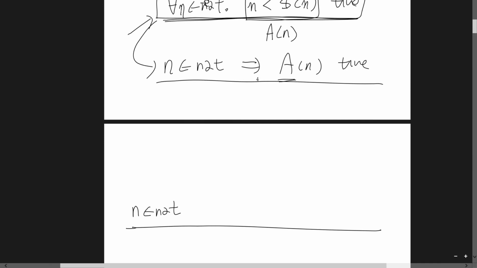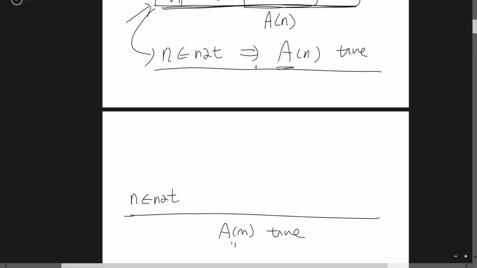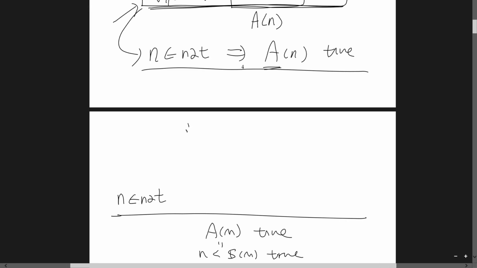And now we have to show that A of n is true, which is: n is less than successor n is true. The first case is n is 0, and the second case is n is successor of x for some natural number x.